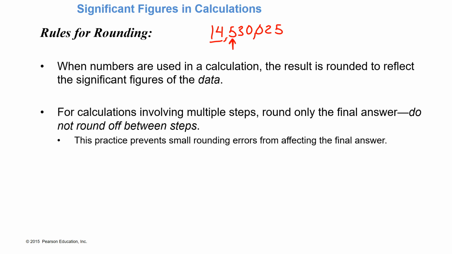So now when I write this number, how can I write this as 2 sig figs? I could write it as 15 million, or I can write it as 1.5 times 10 to the 7.